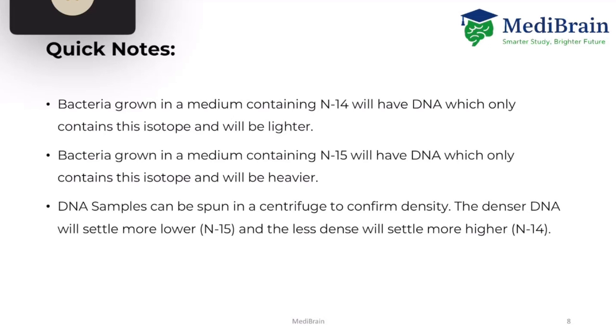If something is more dense, it will sink lower, and lighter components will stay towards the top. The denser the DNA, the lower it will settle, and the less dense DNA will settle higher. So the more dense DNA, which is N15, will settle lower, and the less dense DNA, which is the N14 DNA, will settle much higher.